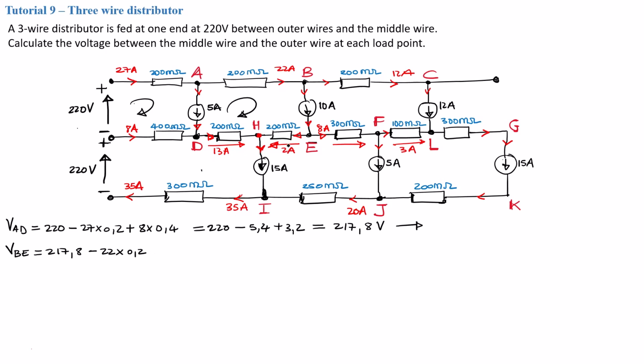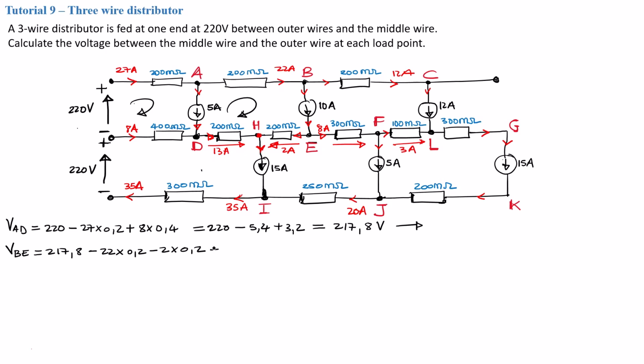But remember the current here is only 2 amps, so it's going to be minus 2 times 0.2. Now you come to this point here, the current is flowing in the other direction and it is 13 amps.